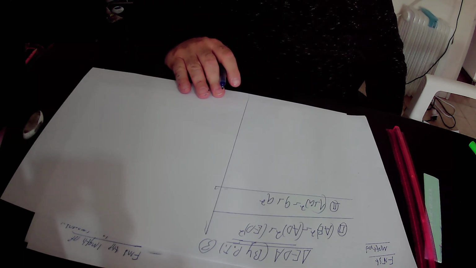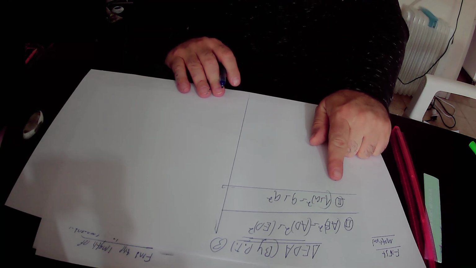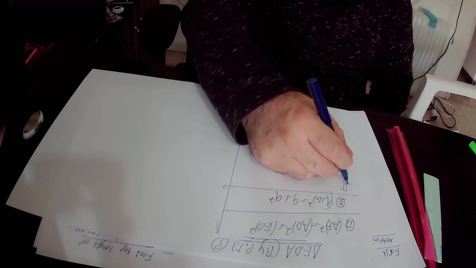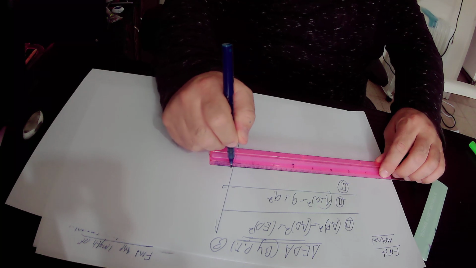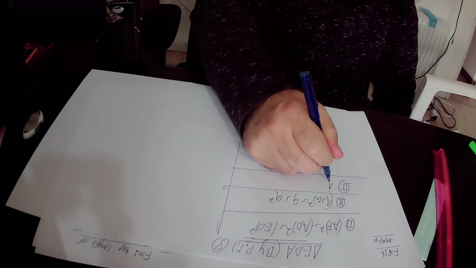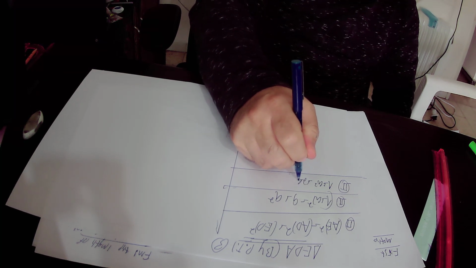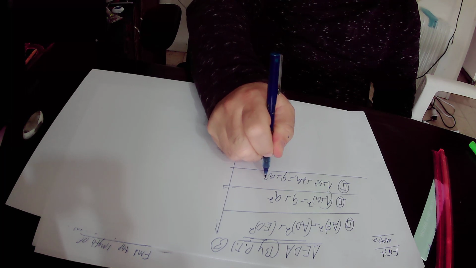Here we will open the brackets on this side of equation number 2, and we will get that 1 plus A squared equals 1 squared, that is 1, plus A squared plus 2A, and it is equal to 9 plus A squared.